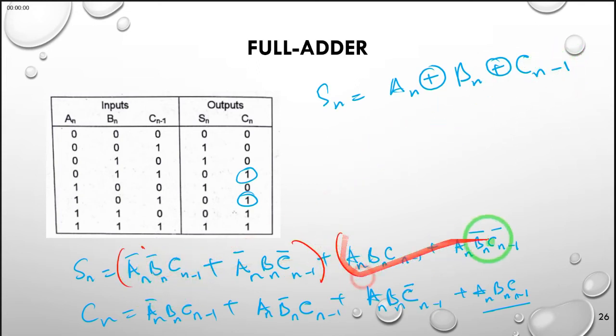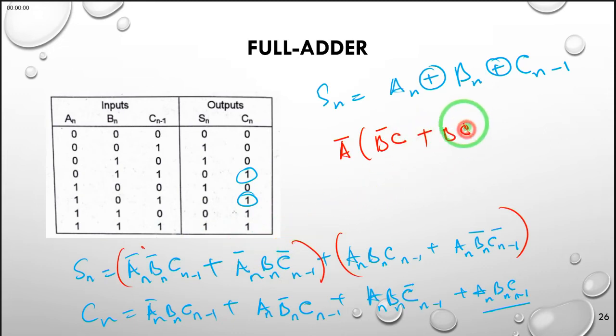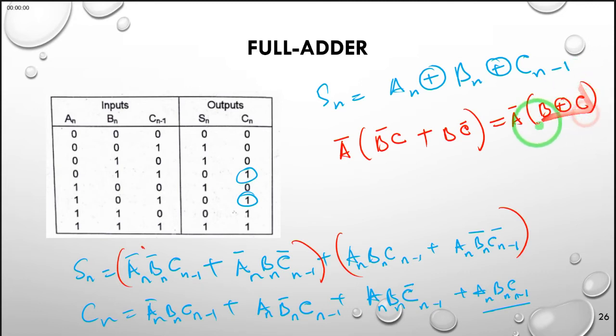If you consider the first 2 variables and drop the subscripts, you can factor out A and have B bar C or B C bar, which is equivalent to A bar and B XOR C, because exclusive OR means that these 2 terms are always opposite to one another. When one is barred, the other one is not, and vice versa.